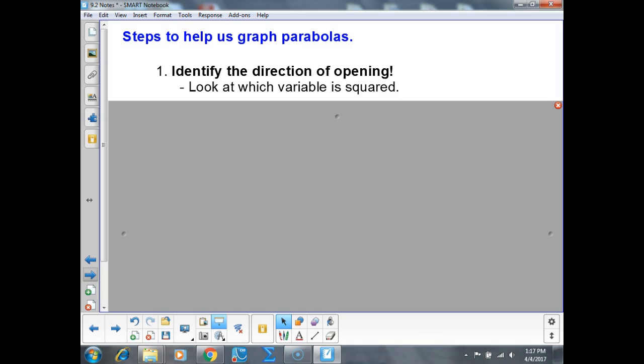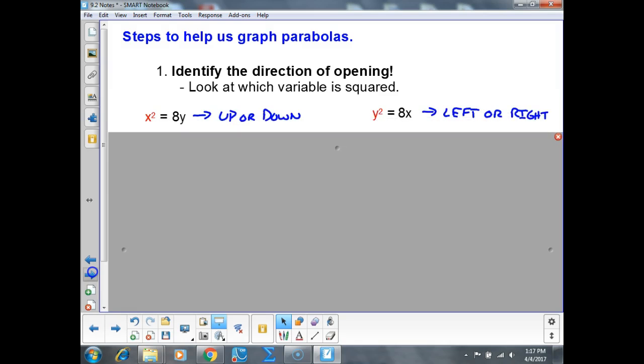Alright? So you're going to have to determine that. And how you're going to do that is you're going to look at which variable is squared. So if it is x squared, again, it opens up or down. If it's y squared, it opens left or right.